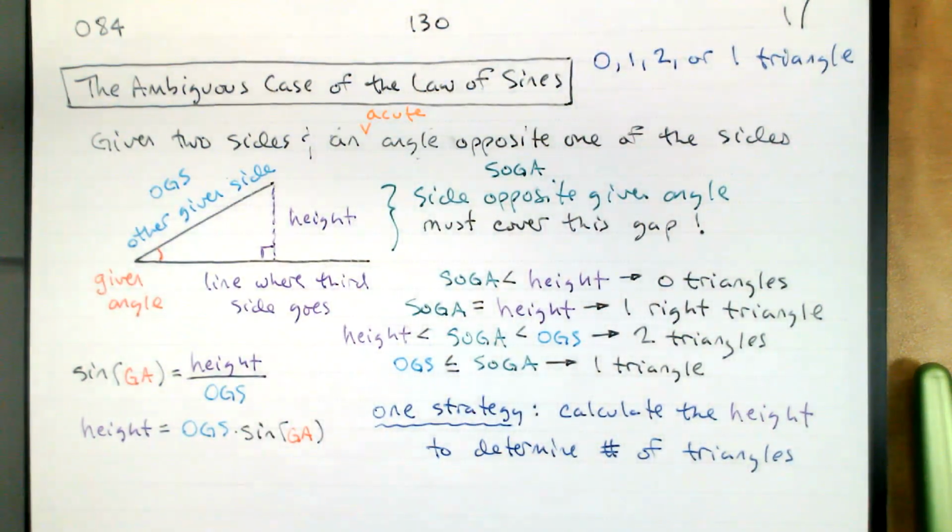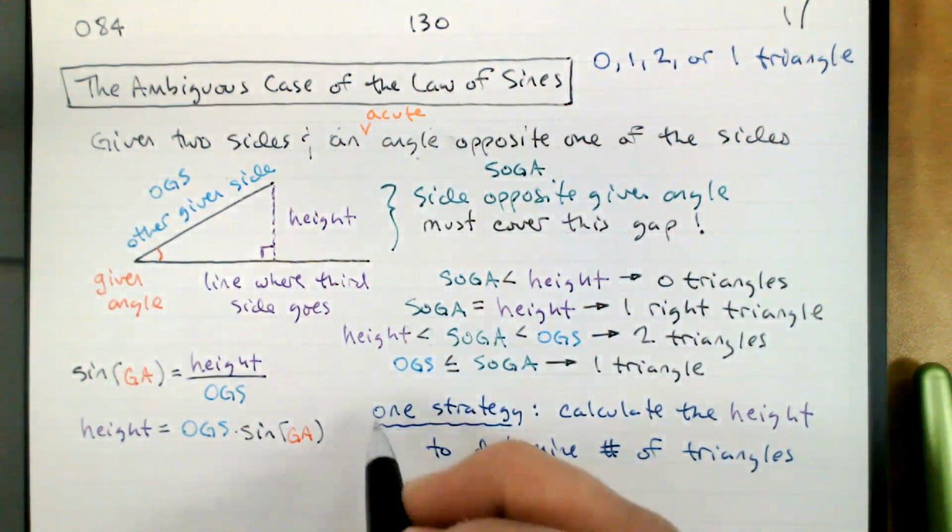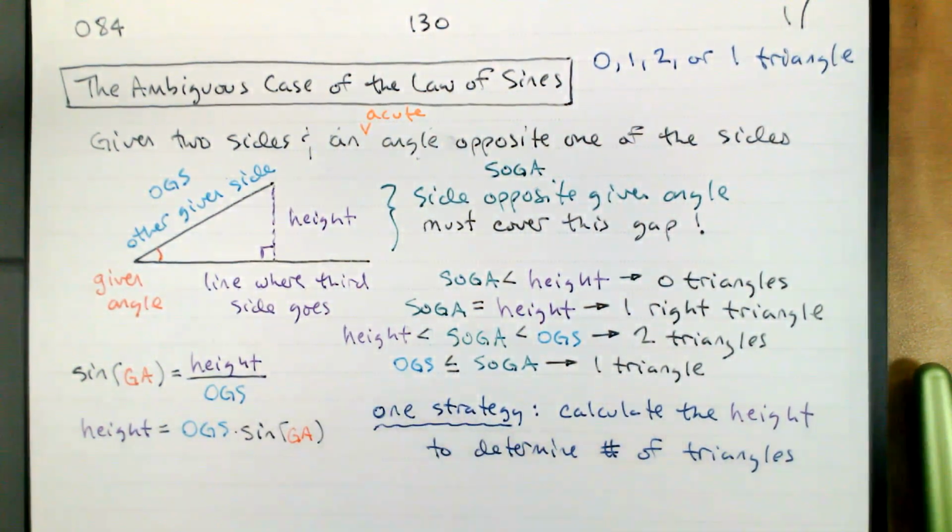So one strategy that we have is to calculate the height to determine the number of triangles. The one that we have to be most concerned with is what do we do when there's two triangles? How do we cope with two triangles? So let's deal with the two triangles case.